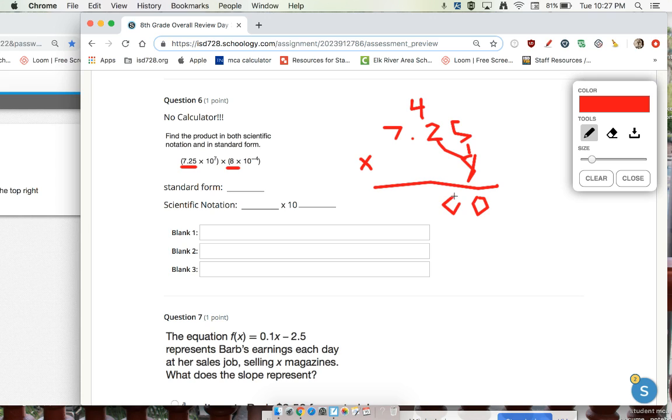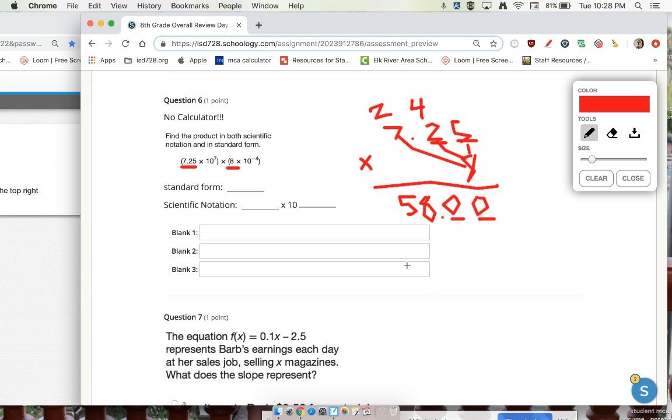So I'm going to write the 0, carry a 2. 8 times 7 is 56, plus 2 is 58. And then I have to count my decimal spots. So it looks like I have 2 spots to the right, and my decimal would be right there.